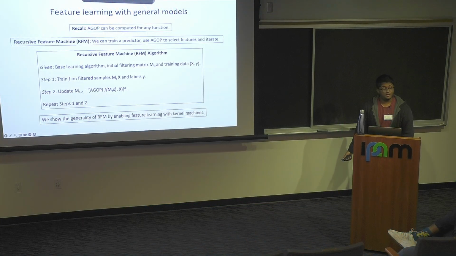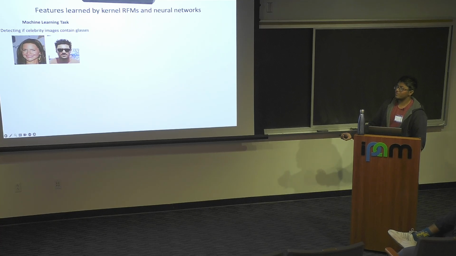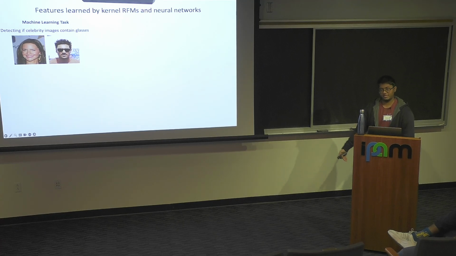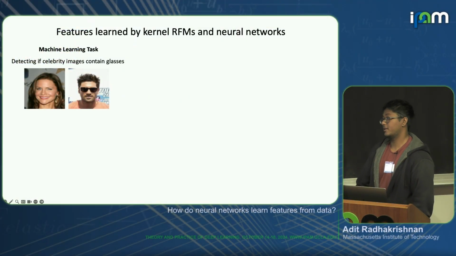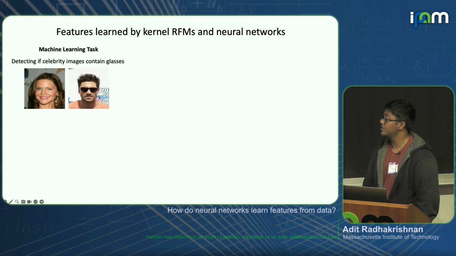OK. So we did all these examples of glasses and faces and things like this. So we can just start with that and say, we knew the neural network was sort of picking up on this region of glasses if I looked at the diagonal of the AGOP or the weights transpose themselves. Now what I can do is train a kernel machine with the Laplace kernel, just solve kernel ridgeless regression in this case, and now take the AGOP.